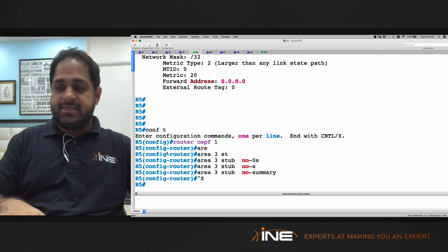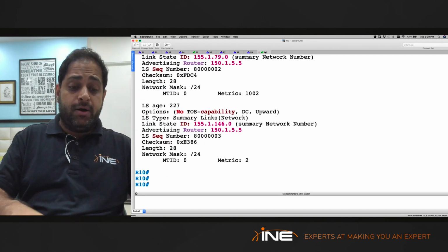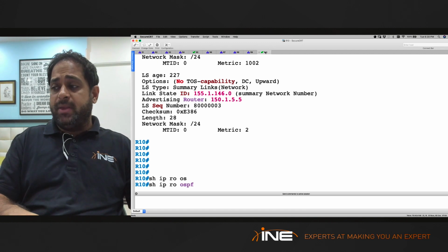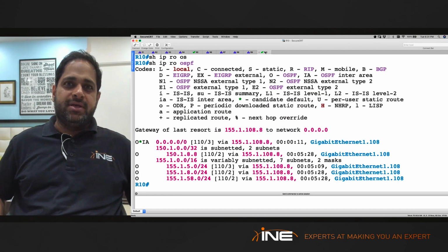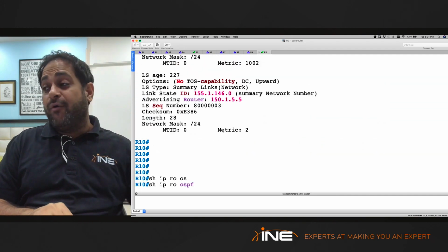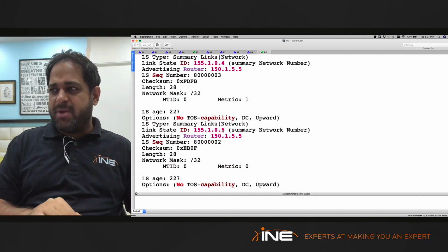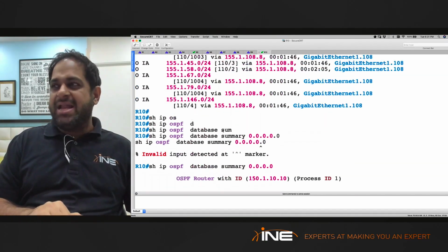So with this, if I look at the routing table of R10 now, show ip route ospf, you would see that his routing table has drastically reduced. How many routes do I have? Now look at the routing table before. Before I configured this, let's scroll back up. We had a lot of routes.